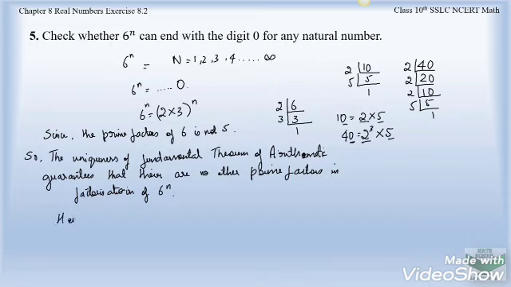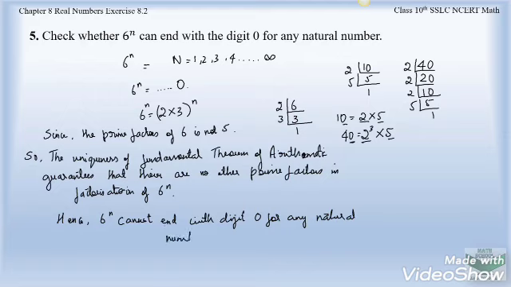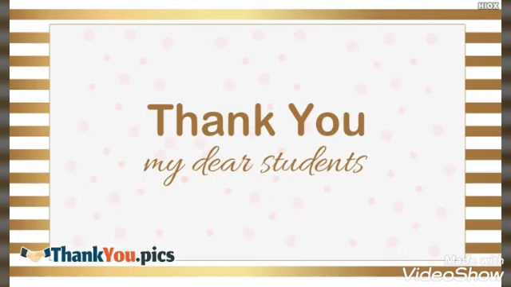Hence, we can also write down this, hence 6 power n cannot end with digit 0 for any natural number n. So this is how we write the solution for this problem. We have to write down all these things for the complete solution.